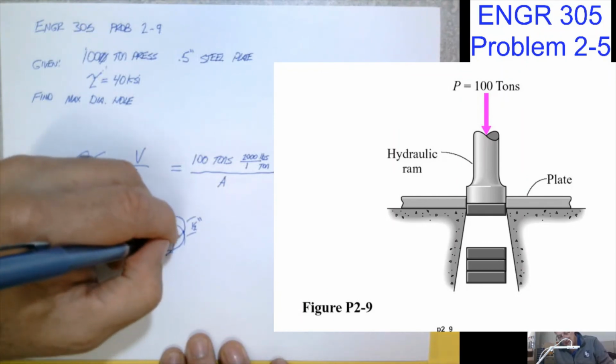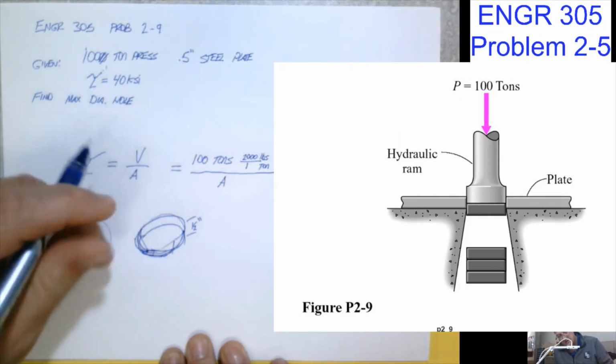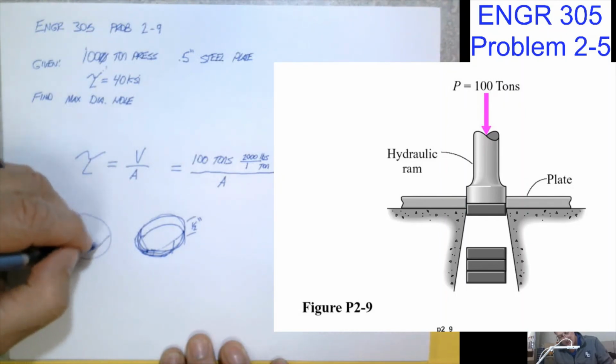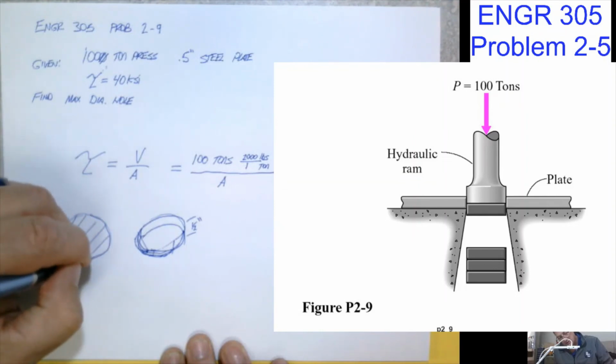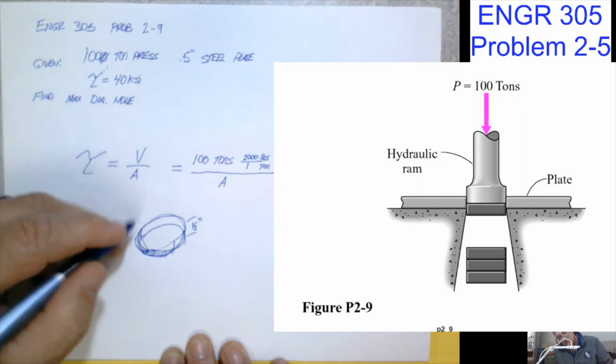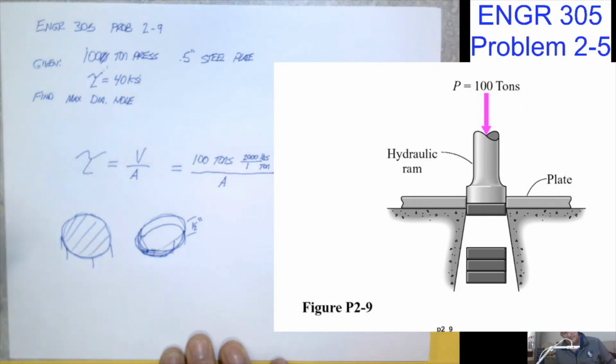So this whole outside, we're not shearing this. We're shearing this circumference times that thickness all the way around. All right? That's why we take CAD classes, because it makes for better graphical communication.